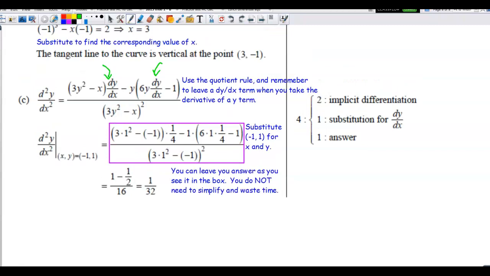So we have the x value of negative 1, and the y value of 1. So instead of substituting the original dy dx here and the original dy dx here, substitute negative 1, 1 into dy dx, get a numerical value, and bring it down here and substitute.